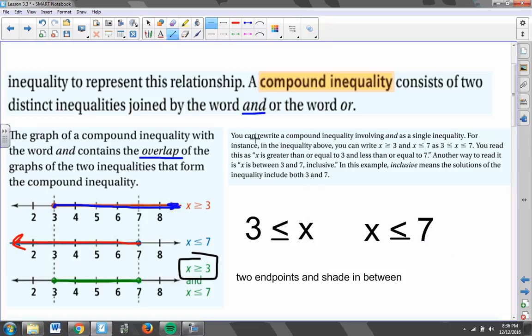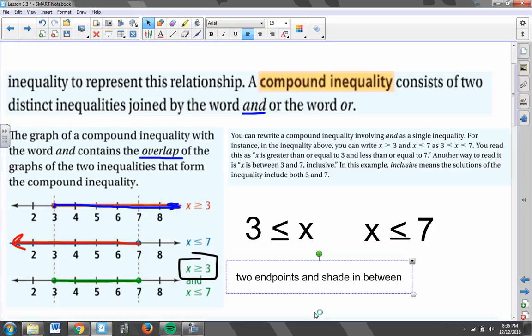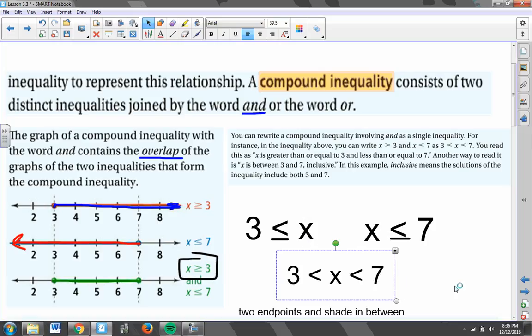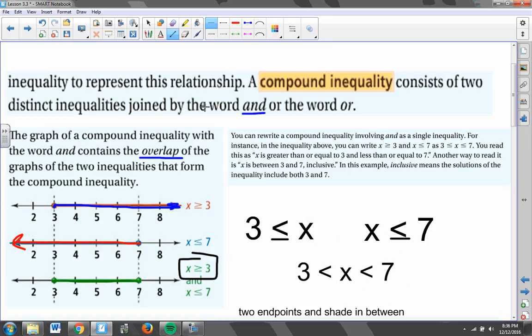So instead of writing these two different inequalities, sometimes we just put them together and we say 3 less than or equal to x, which is less than or equal to 7. This way we only have to write the x once, because it's now in between 3 and 7. X is in between 3 and 7.